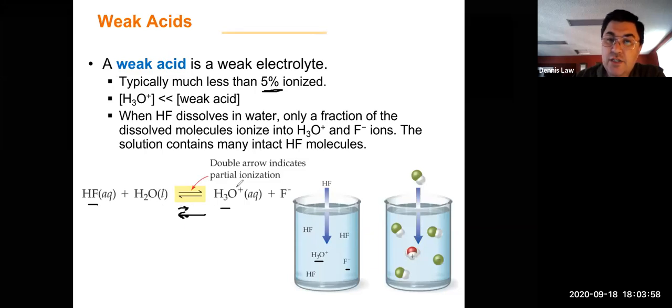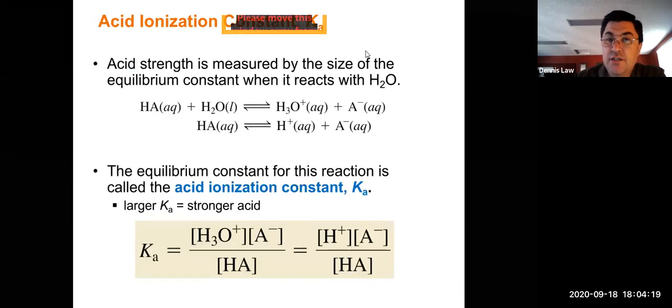In this case, only a small amount is going to go to the right. So that means that the concentration of this one is going to be a lot less than the concentration of this one. And that's because very little is going to go and make the H3O plus. But it's still going to make some, so it's still going to be an acid.